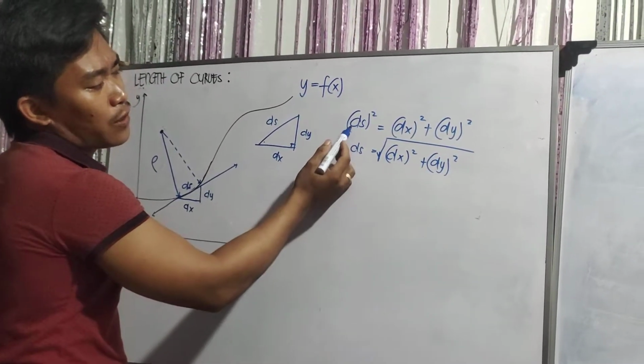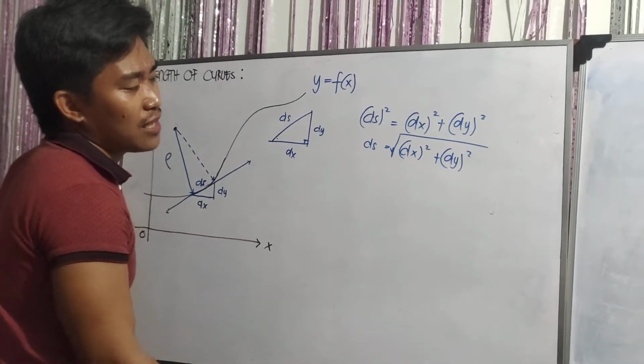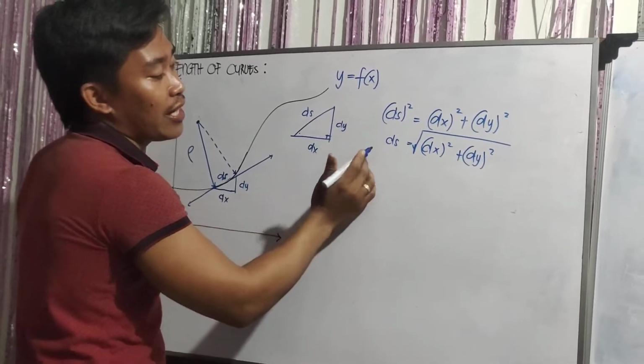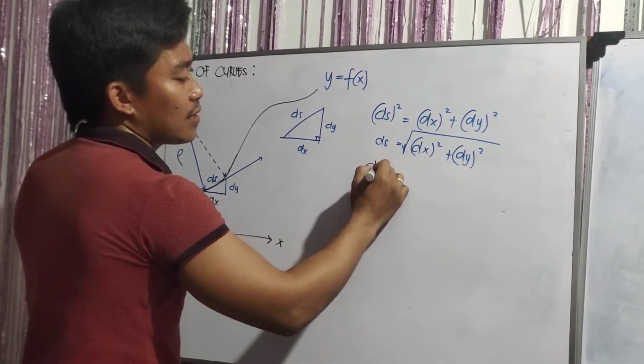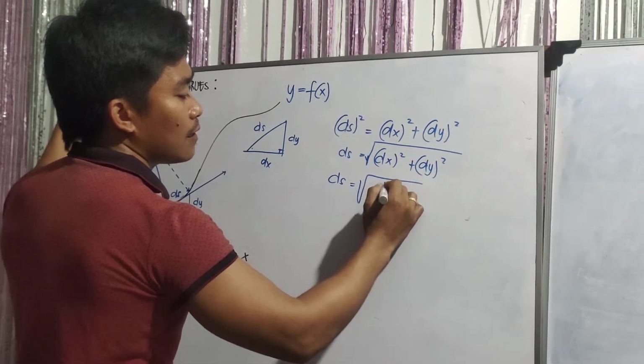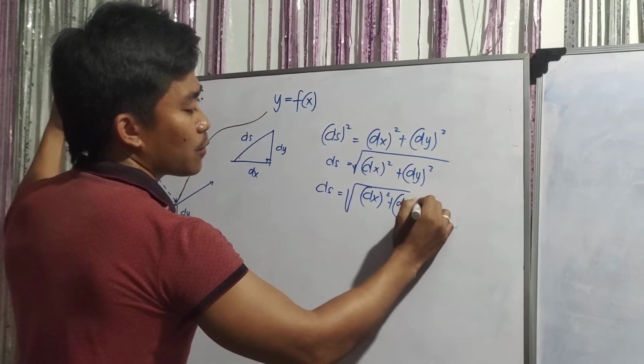Maybe you're gonna ask, what does D stand for? D stands for differential, meaning you're just studying a differential strip. Okay? So ds is just the square root of dx squared plus dy squared.